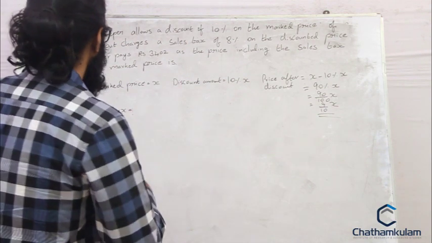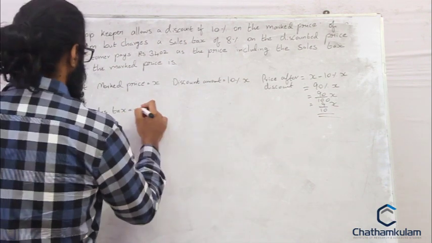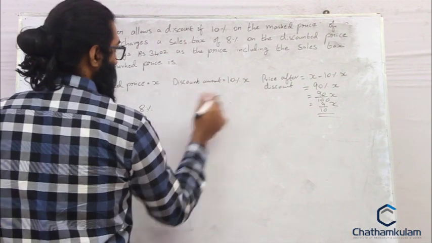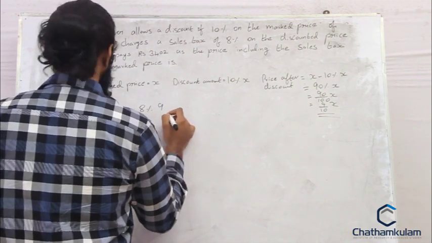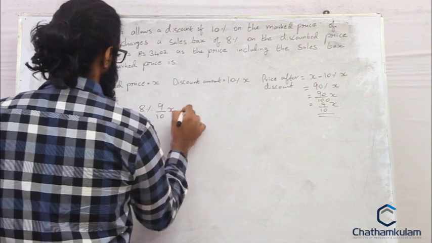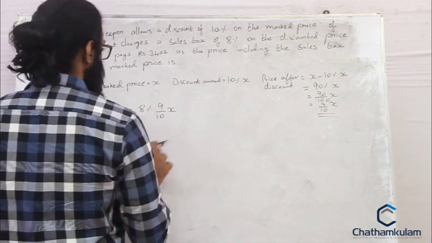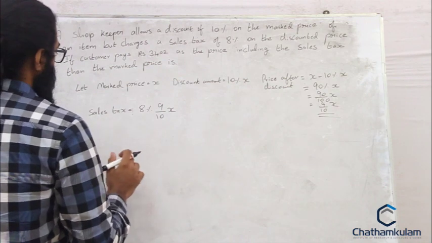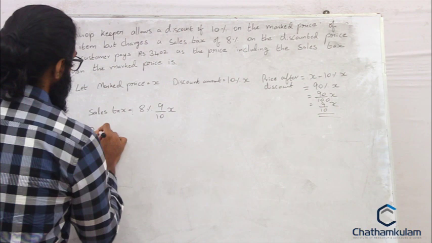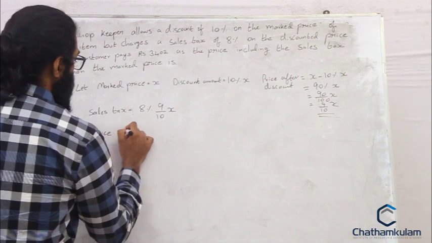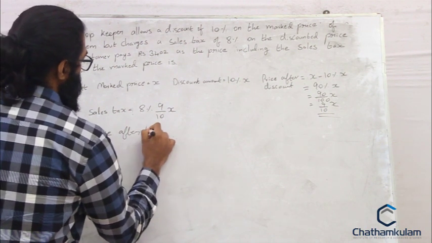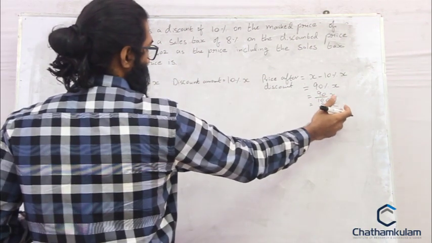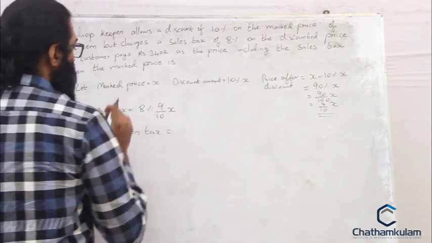So we calculate sales tax as 8% of 9 by 10 X. Then the price after tax would be equal to the summation of this amount and the sales tax.